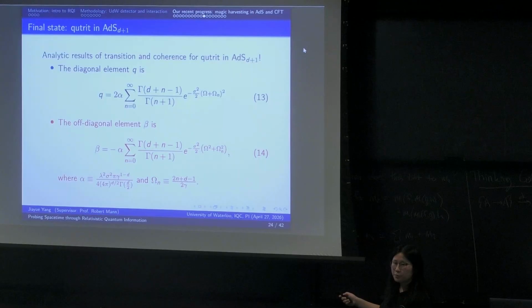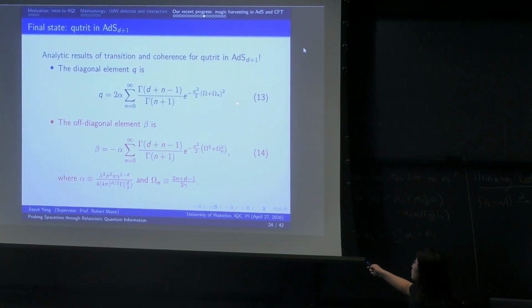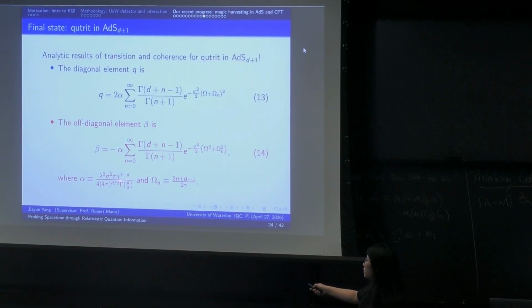term beta here. And you may notice that they are very similar, right? The only difference is just the exponent. They are different. This is omega plus omega n squared. This is omega squared plus omega n squared. And also here, this is 2 alpha, this is alpha, where alpha is determined by gamma here, and which encodes the information about the AdS curvature and also the location of the detector.